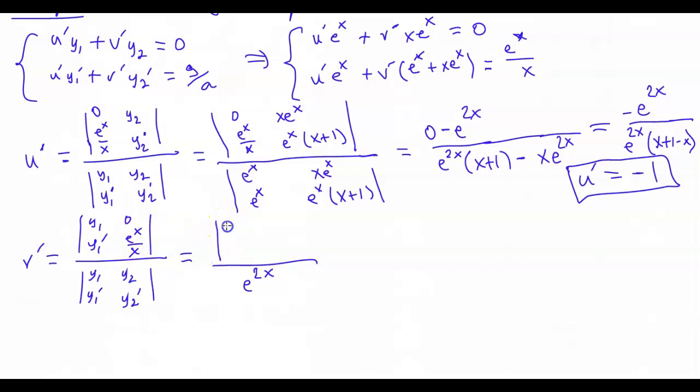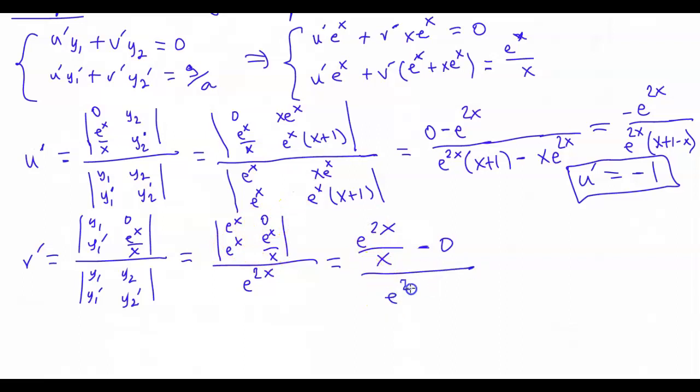And our y sub 1 is e to the x again. Derivative of that is the same. Have 0, e to the x divided by x. We do the determinant, and we end up getting e raised to the 2x divided by x minus 0, because this times this minus that times that.